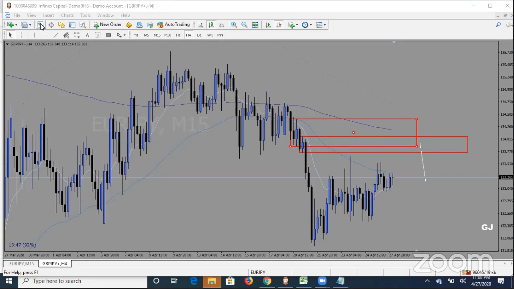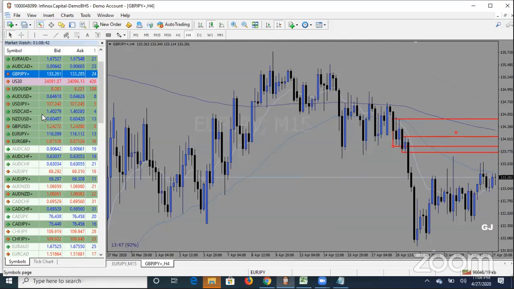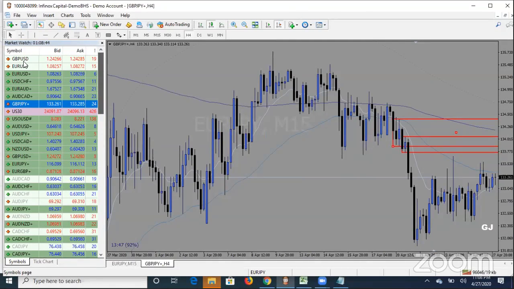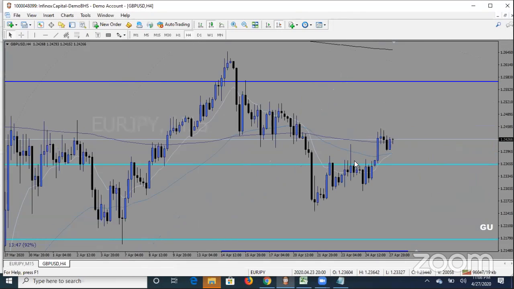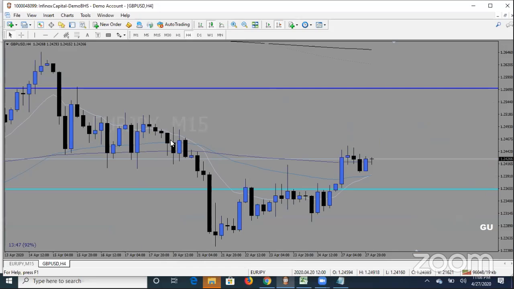Let's look at GU. What played out in GU today? It's more or less the same thing as GJ. All right. Yeah, but in GU we had a retest. This was the last block, right?